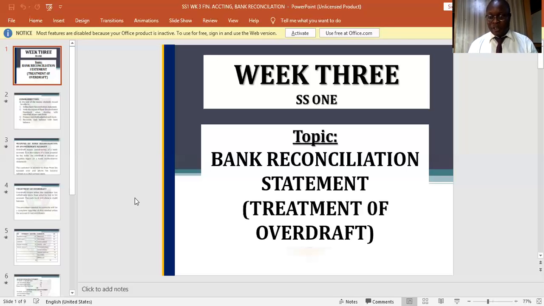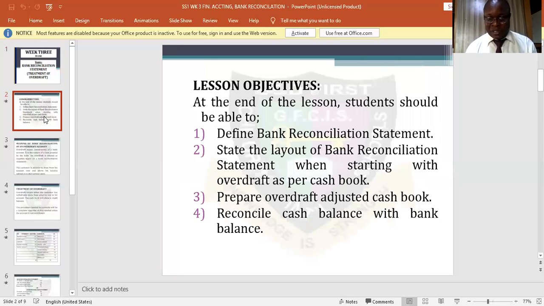So for this week, I want to look at bank reconciliation statement. You can see it on my screen here: treatment of overdraft. But before I proceed, let me share the lesson objectives with you.